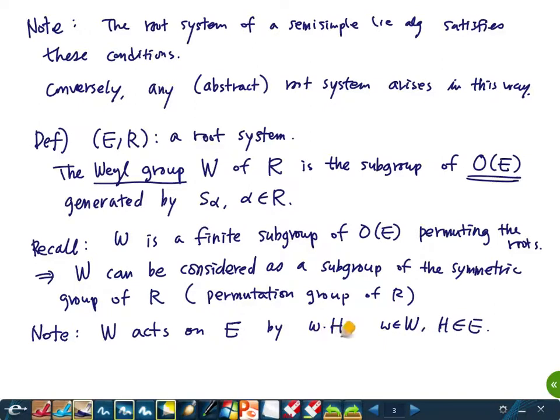This is just the usual transformation applied to a vector, right? Or maybe I should write something like that. They're the same thing. And W also acts on R, like that. So W is in fact acting on R.